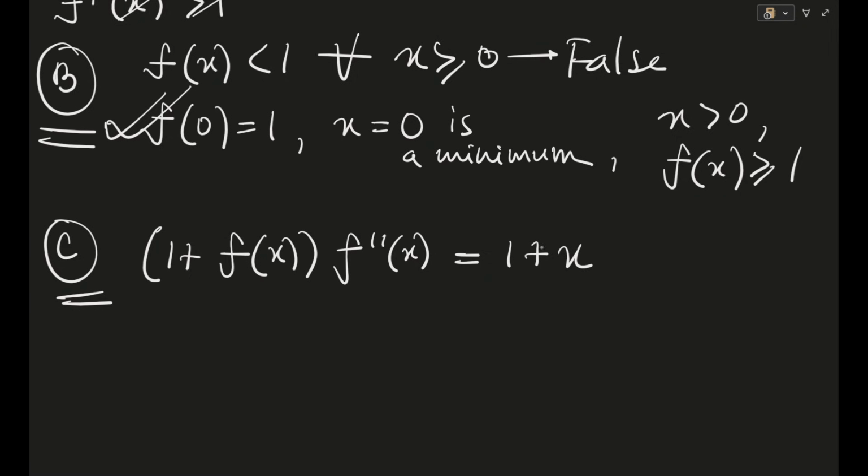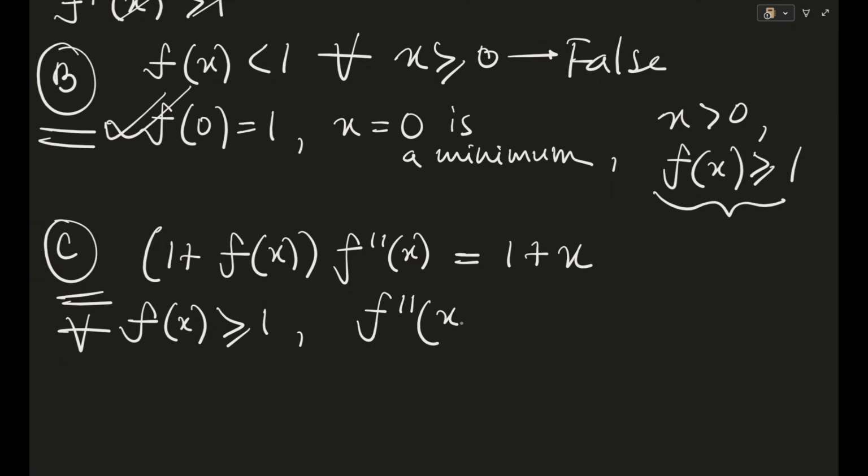So guys, because we have found out that f of x is greater than equal to 1, if you apply this inequality here for f of x greater than equal to 1, you will find that f double dash x is, okay, not greater than, f double dash x will actually be less than or equal to 1 plus x by 2, from f of x being greater than equal to 1.